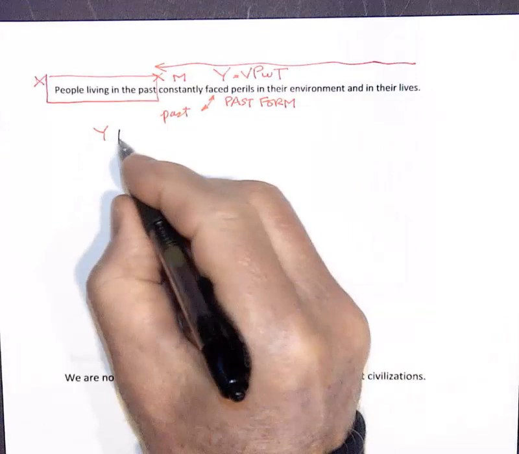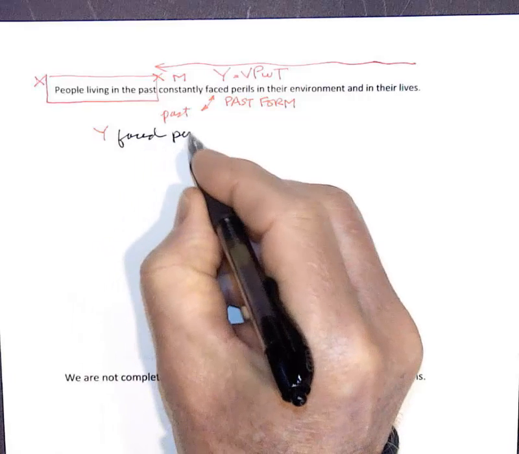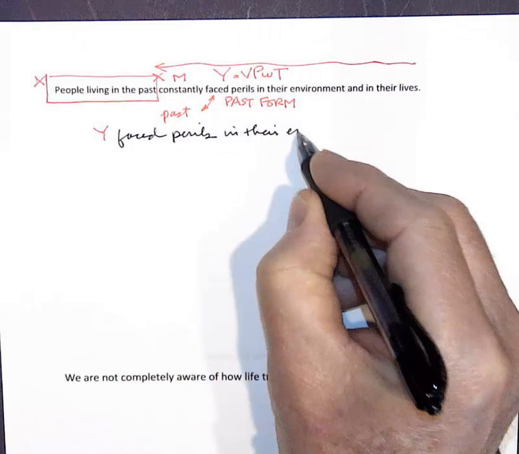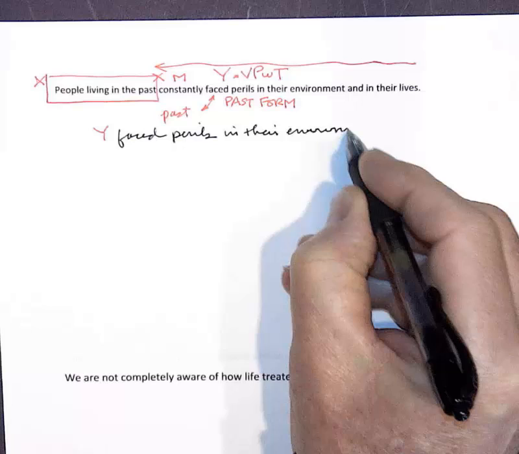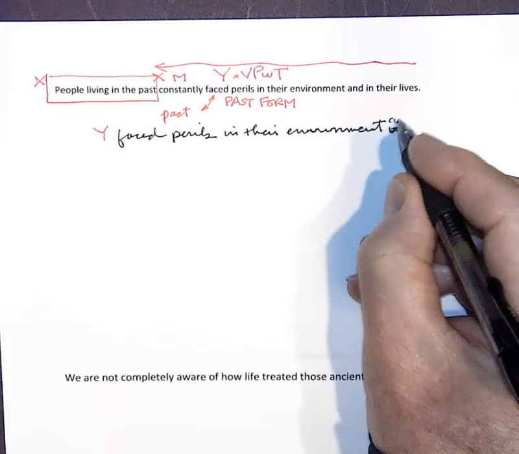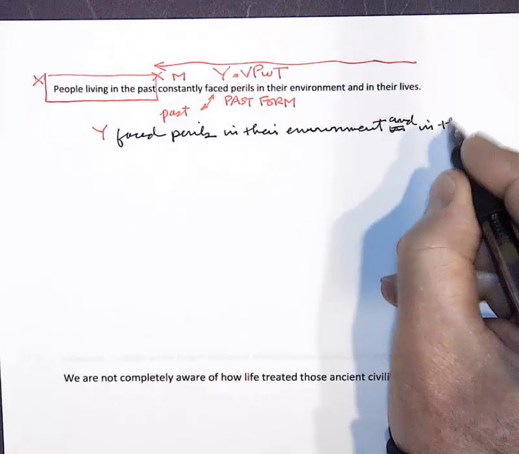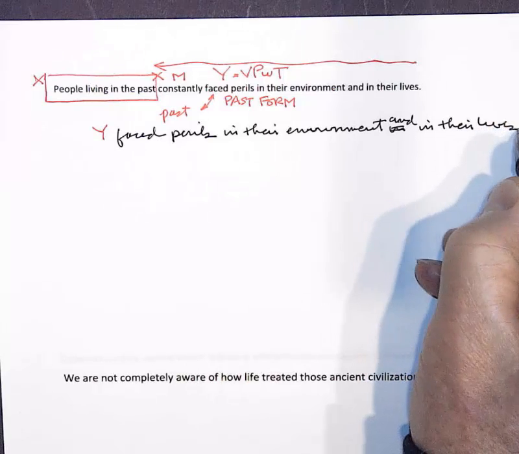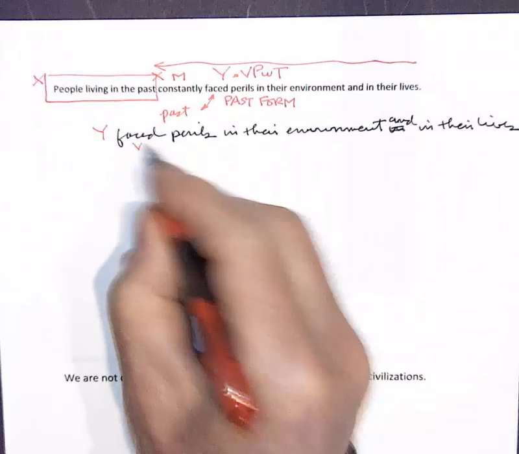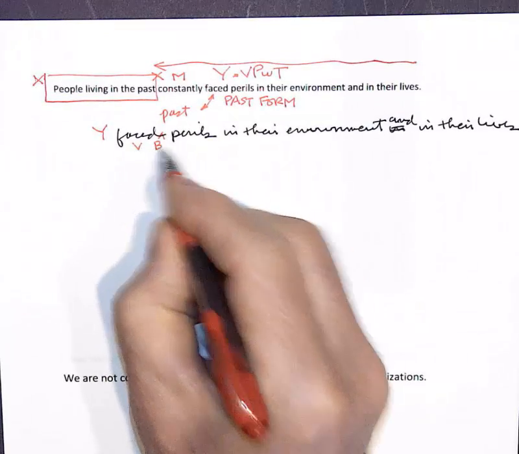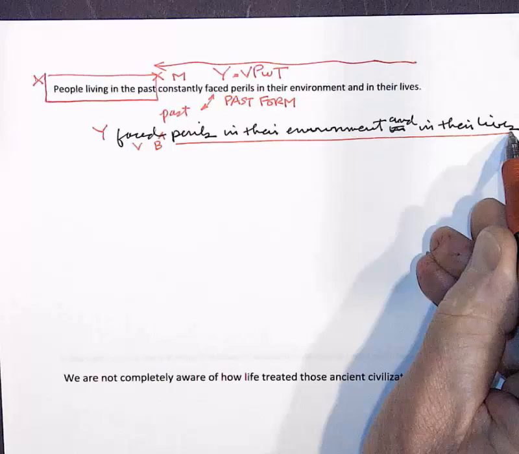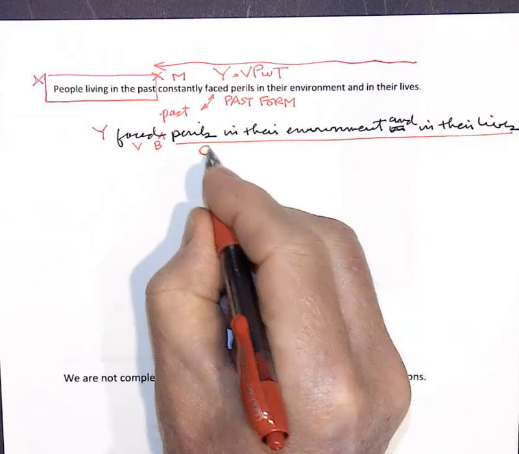So faced perils in their environment and in their lives. Faced is the verb, particle place is empty, and perils in their environment and in their lives is the object.